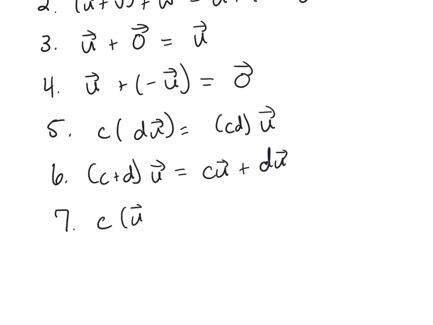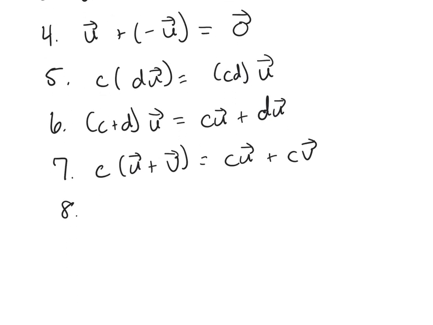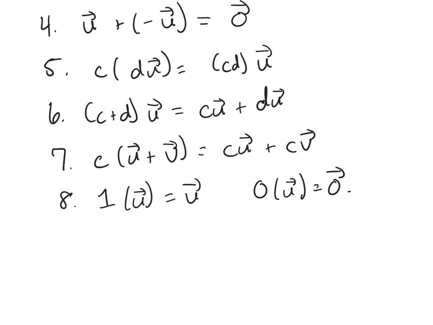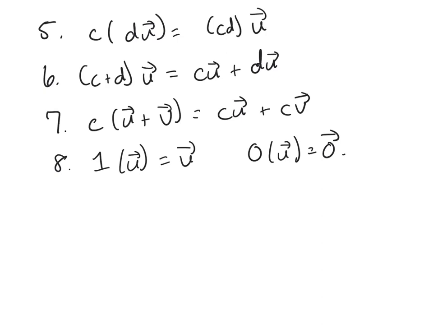Scalar multiplication distributes over addition, so this is the same thing as cu plus cv. And the final property is if I do the scalar multiple 1 to a vector, it leaves it alone. And if you do a scalar multiple by 0, you get the 0 vector. All right, so those are the properties of our vector operations.